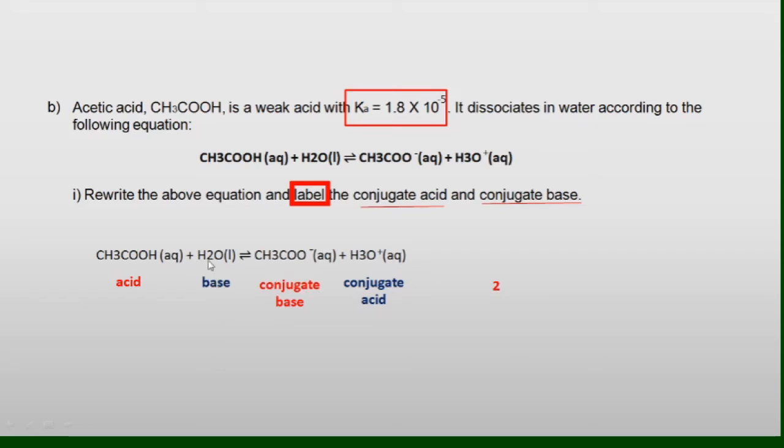Then for the H2O, it's a base. It's paired with the H3O+. We know that it's a conjugate acid because it accepts the proton. So we get 2 marks here because we label the conjugate acid and conjugate base.